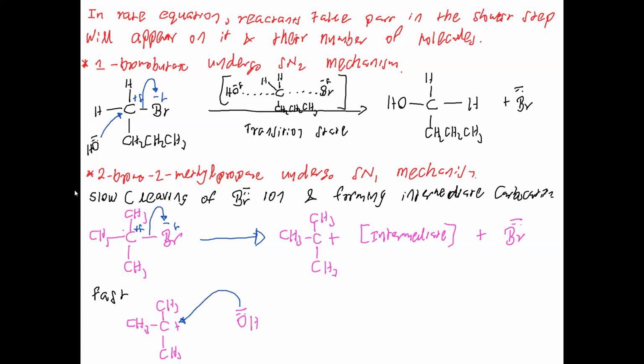So therefore we will get the product: CH3, C, CH3, CH3 and OH. So this happens in 2 steps, but the first one takes place in 1 step. If you have the right answer like this, then you can get full marks.